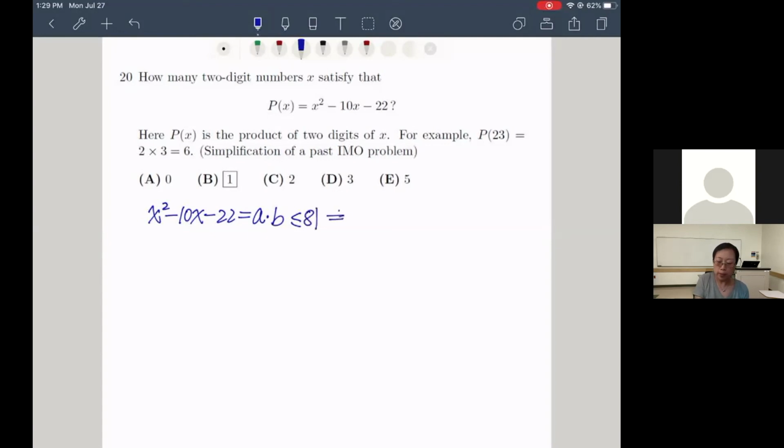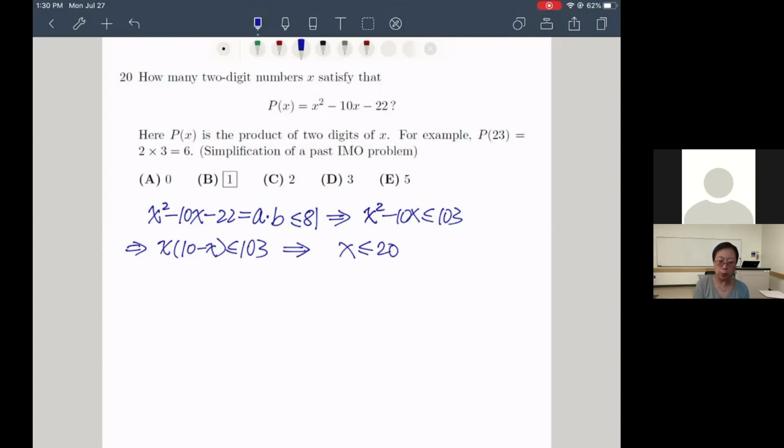And this implies that if we move the constants to the right, x squared minus 10x is less than or equal to 103. If we rewrite the left-hand side, we have x times (10 minus x)... less than or equal to 103. This implies that x has to be no greater than 20. Thus, we don't need to consider all two-digit numbers. We can only look at the numbers between 10 and 20.